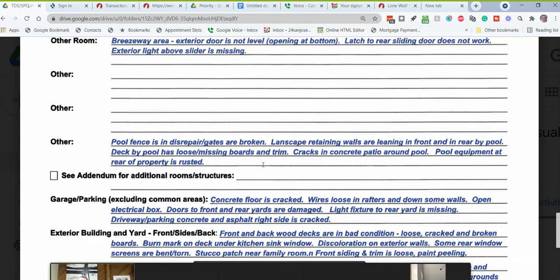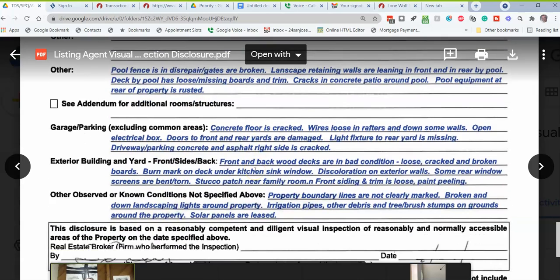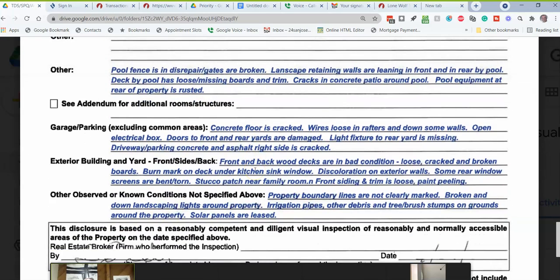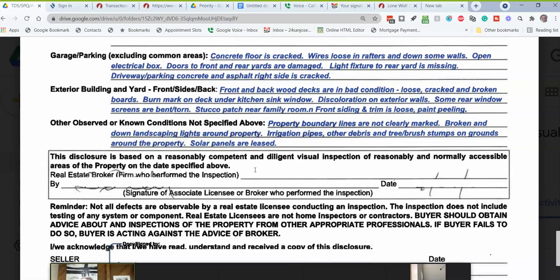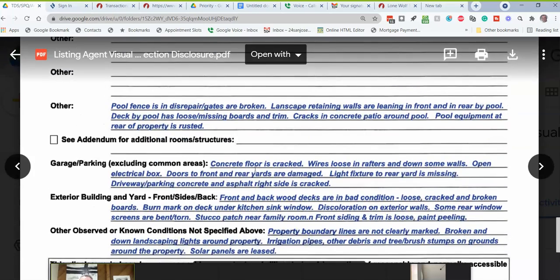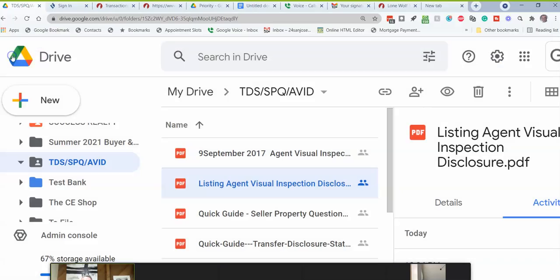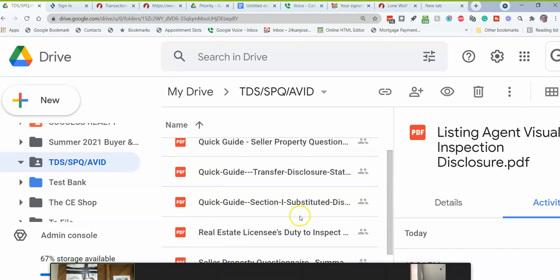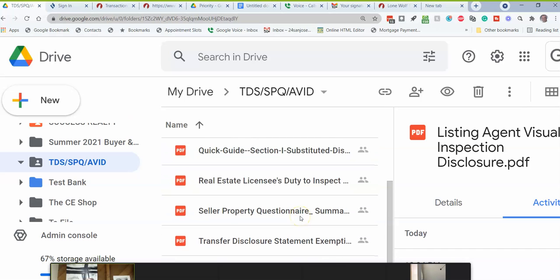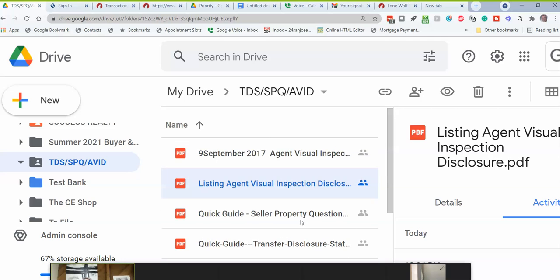Latch does not work. Pool fences in disarray. I told you it was a terrible house. $3.5 million teardown. Concrete floor, exterior, you get the idea. So if you wanted to know what a complete TDS SPQ looked like, that's what it looks like. So let me ask you some questions.